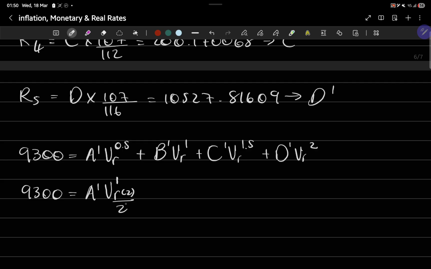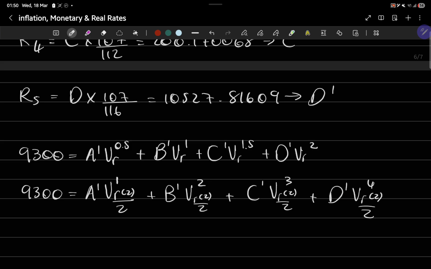So this is the semi-annual real rate, and this will be after the first half year plus B prime VR squared. This is R2 over 2 plus C prime VR3. This is R2 over 2 plus D prime VR4. This is R2 over 2.